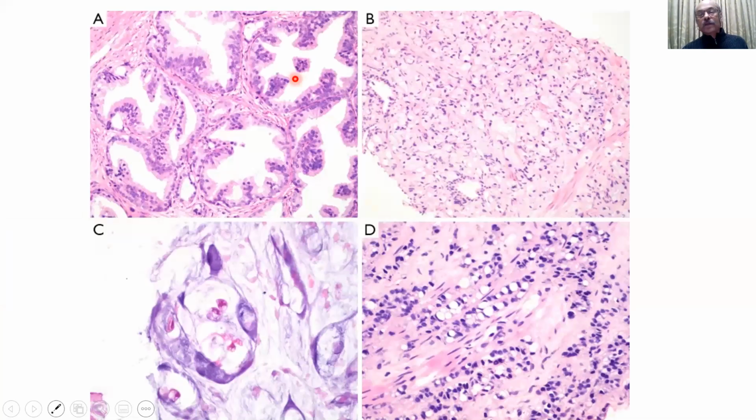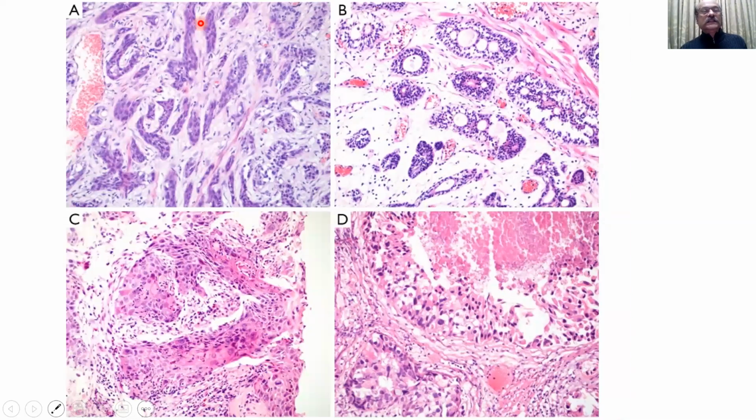So this is the cytohyperplastic variant. This is the foamy gland variant. This is the colloid carcinoma, and this is the signet ring cell variant. This is the basaloid tumor.